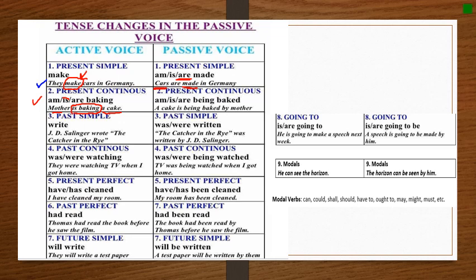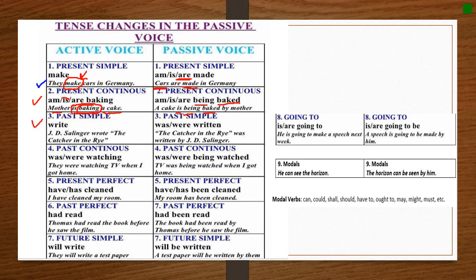Now I have to write is plus being plus past participle in the present continuous. So a cake is being baked, the past participle of this, by mother. Okay, if you have an ing in the active voice, you need an ing in the passive voice, or else you did something wrong. So, a cake is being baked by mother.